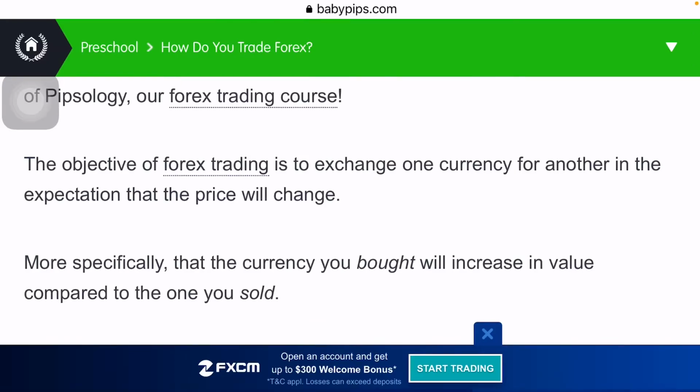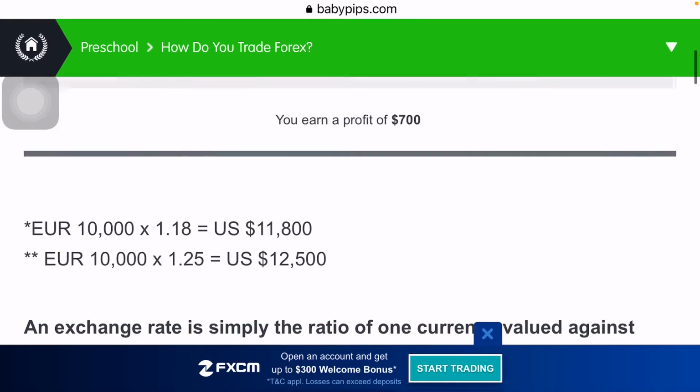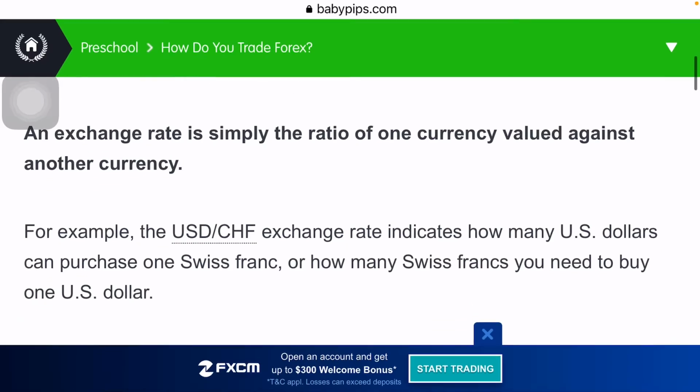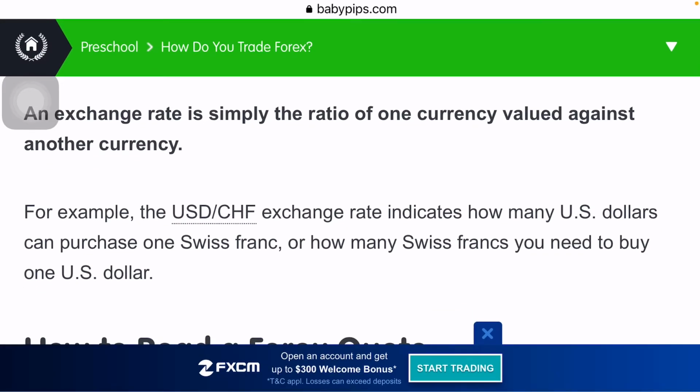Our another expectation is that the price will change, especially that the currency you bought will increase in value compared to the one you sold. So here is an example. An exchange rate is simply the ratio of one currency's value against another currency.